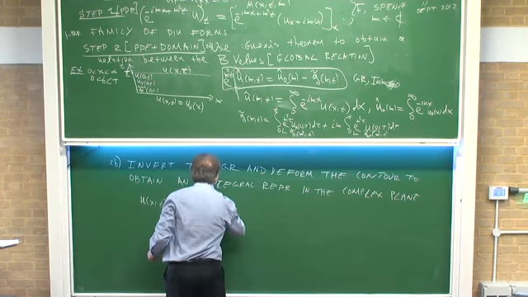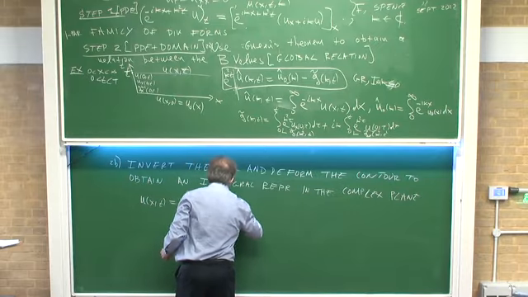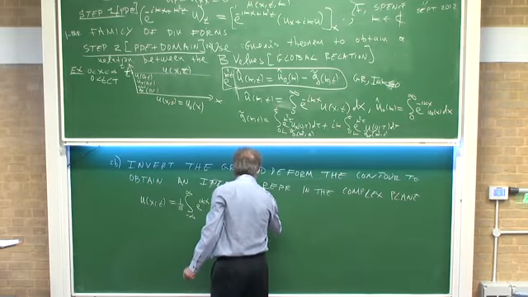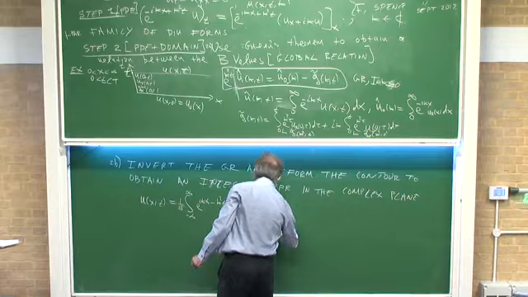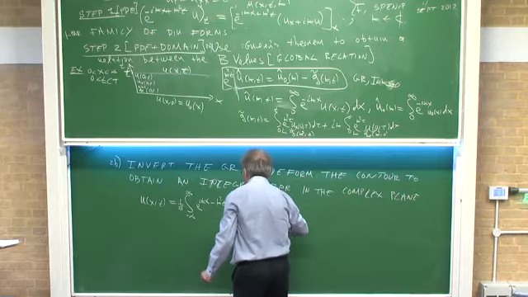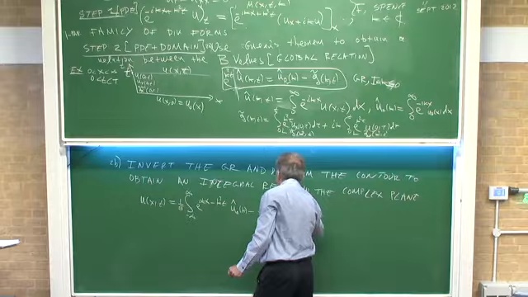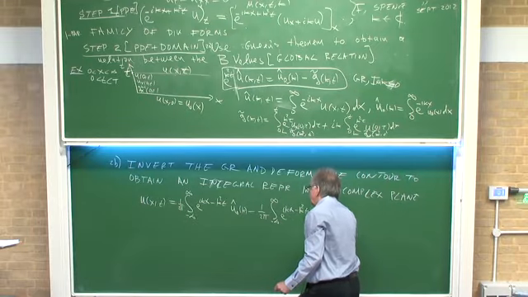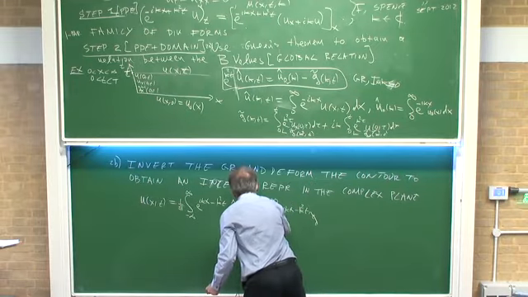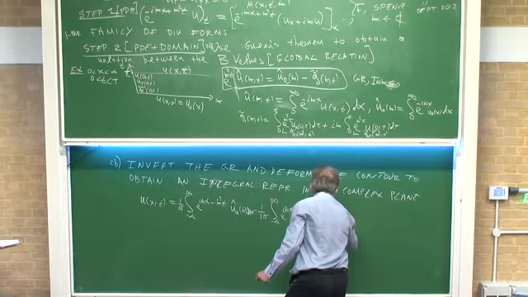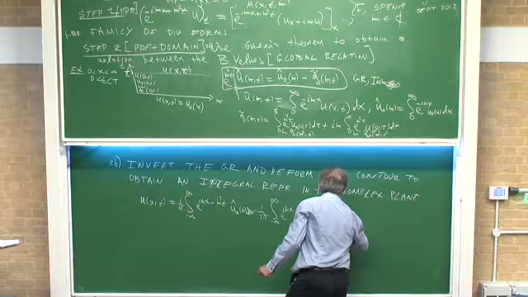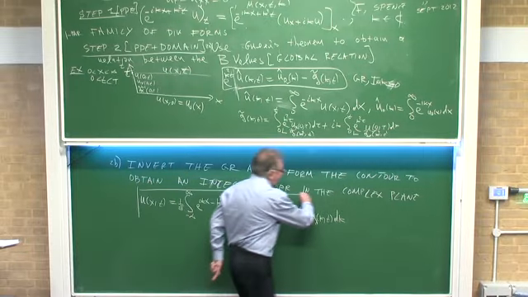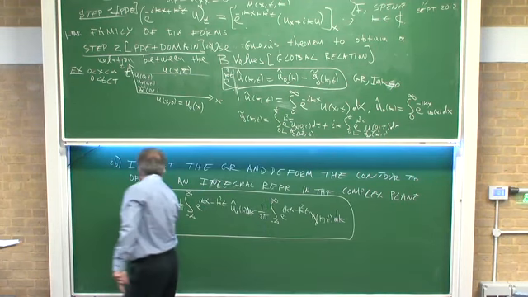Yes, e to the minus k squared t u0 of k dk, plus or minus 1 over 2 pi, the integral from minus infinity to infinity, e to the i k x, e to the minus k squared t, g of k, t dk. Okay, and as I said, up to now I have done nothing new.